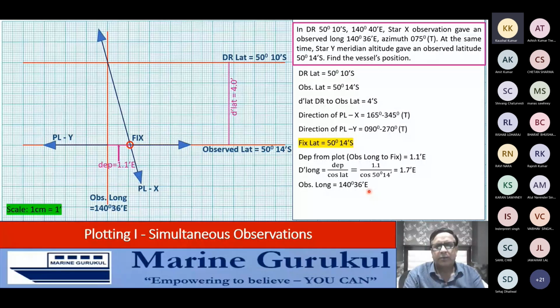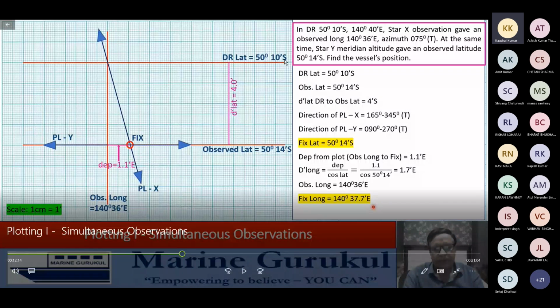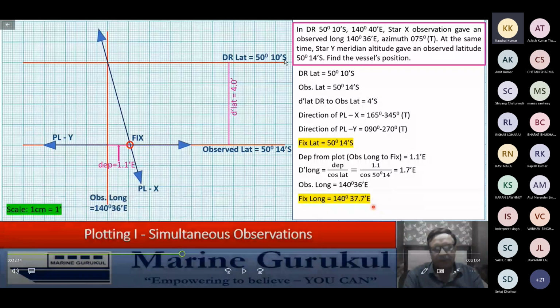When we apply a D long of 1.7 minutes east to it, our fixed longitude becomes 140 degrees 37.7 minutes east. Okay, beta, the full question is plotted now and we have obtained the answer. Just have a good look at the plot as well as the working, and let me know if you have any doubt at any of the steps.